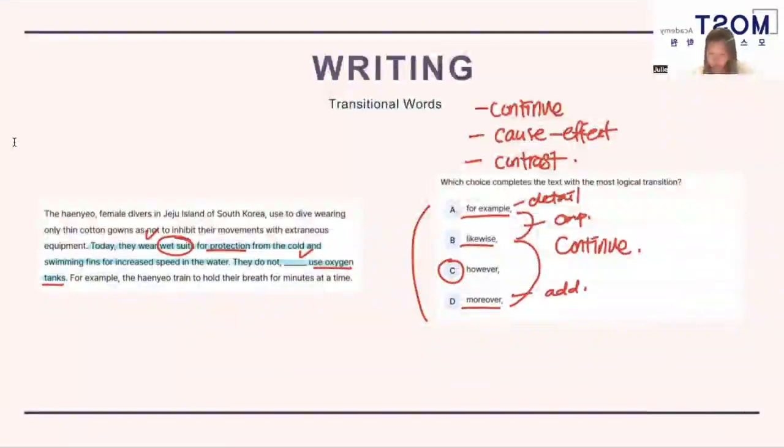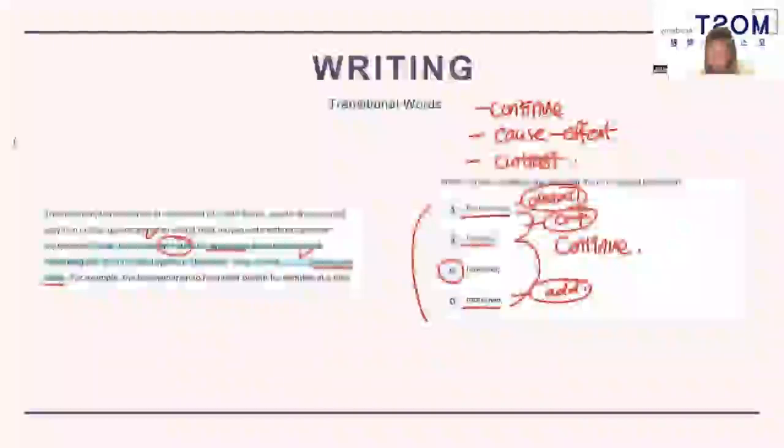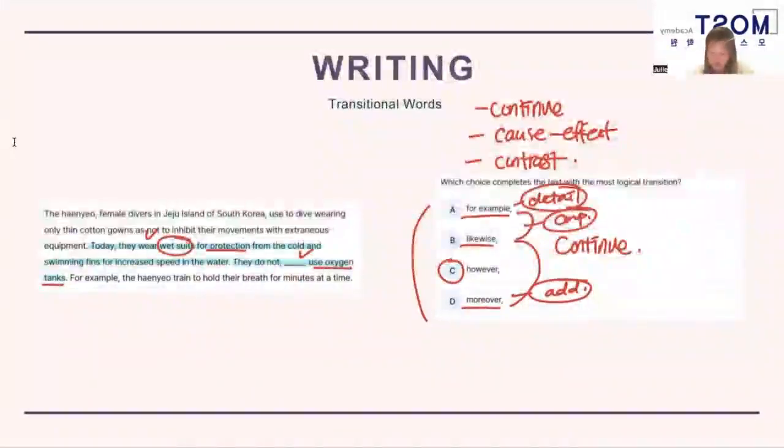If you were to determine that it's a continuation type of question, then you would want to see whether it's a detail, emphasis, comparison, or additional information, and work from there. But for this one, we didn't need to do that. We were able to pinpoint that however is a very obvious contrast word. So we were basically just able to choose C. So that's how we would solve this.